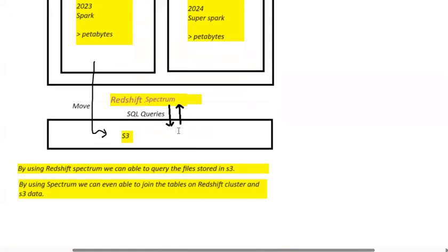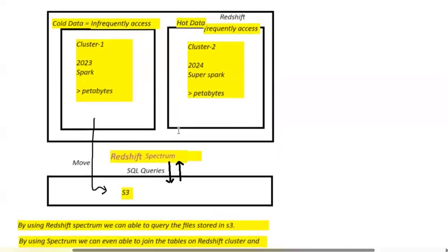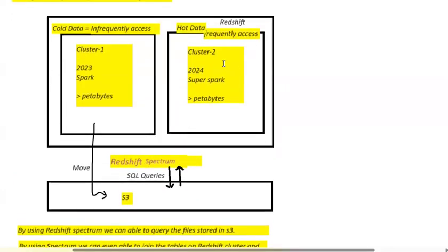That is nothing but cold data because we are infrequently accessing it, right? So we are joining frequently accessed Redshift cluster data and infrequently accessed S3 data.